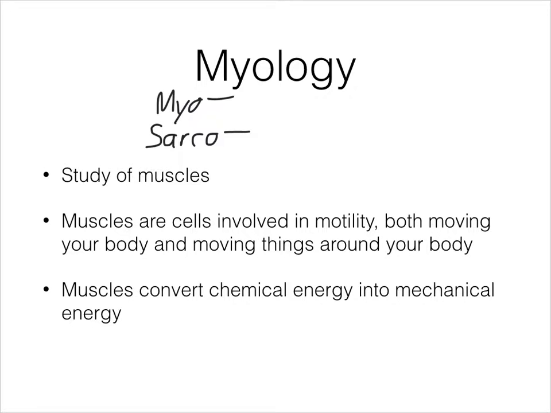Though it is important when we say muscles are cells, there's actually a difference between a muscle cell, a myocyte, and a muscle. Like when we talk about your bicep or your quadricep or something like that. Those are actually two very different things. Like muscles, like your bicep, is actually an organ.